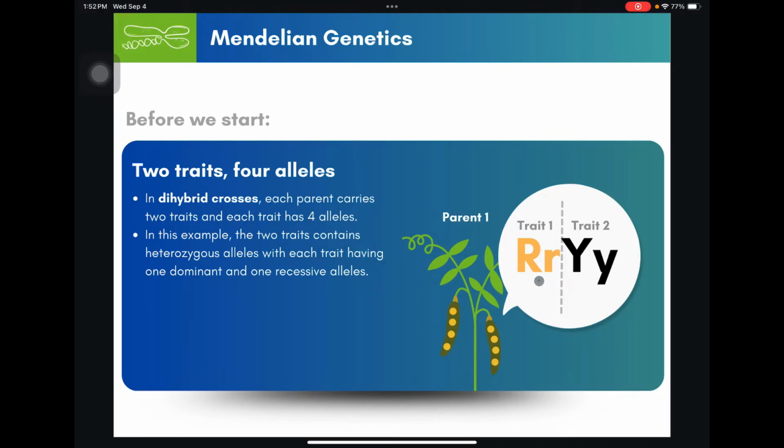One could be dominant, one could be recessive. In the dihybrid crosses, since we are now considering two traits, we will also be considering four different alleles. So in this example, the two traits contain heterozygous alleles, as you can see here, with each trait having one dominant and one recessive allele. Alright?